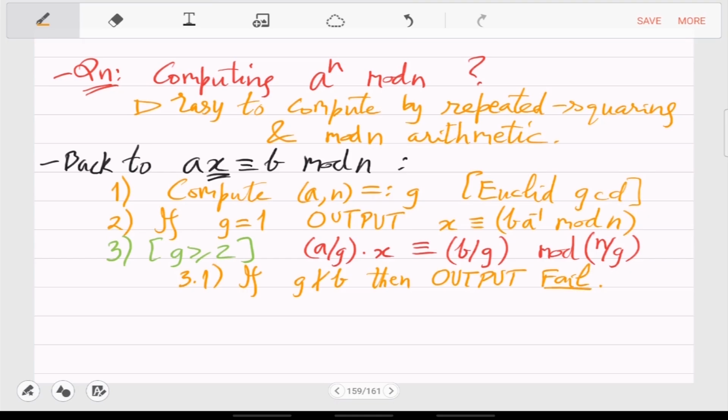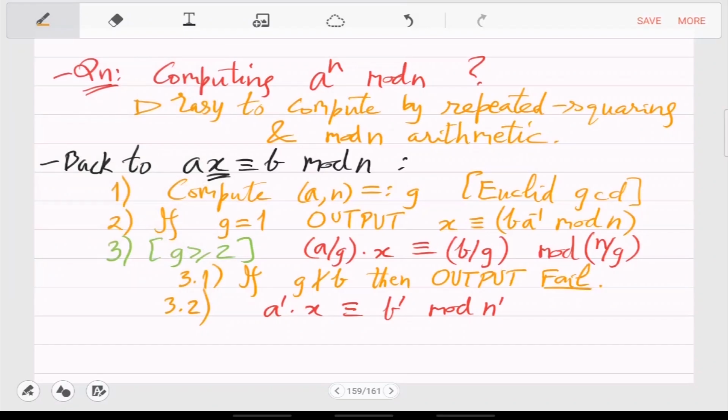So that's the easy case. So there you don't have to do anything. So now you have a new equation, which is A prime x congruent to B prime mod N prime.